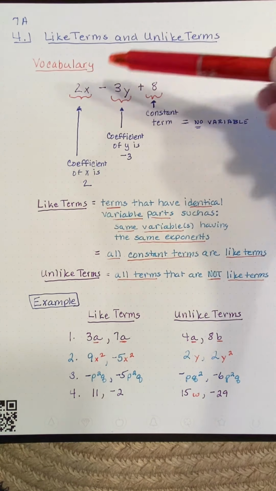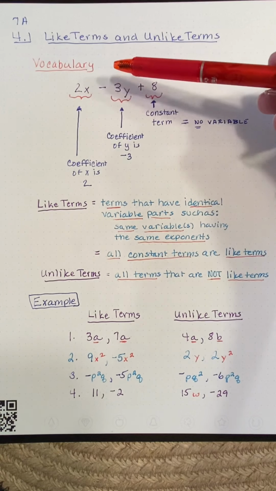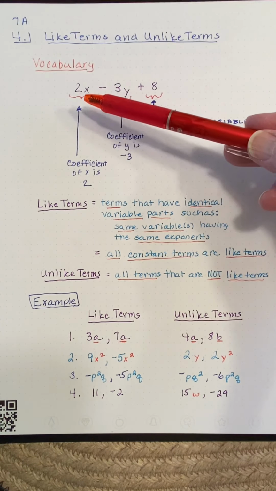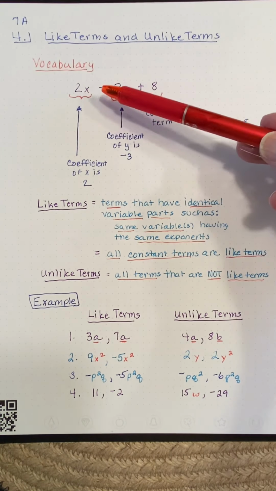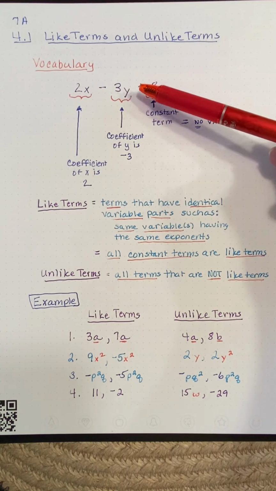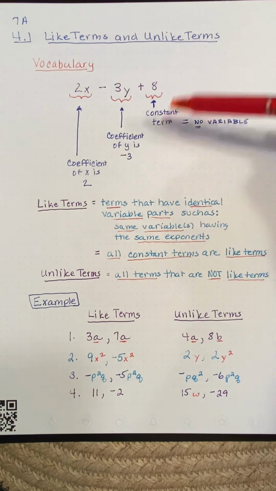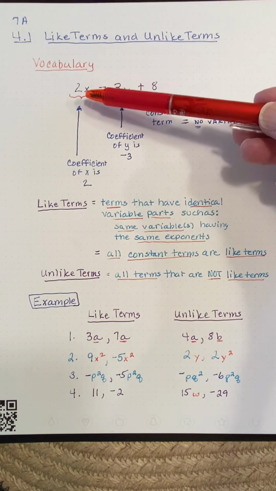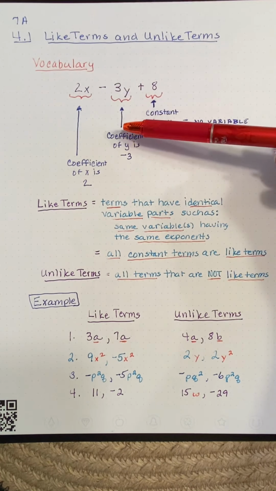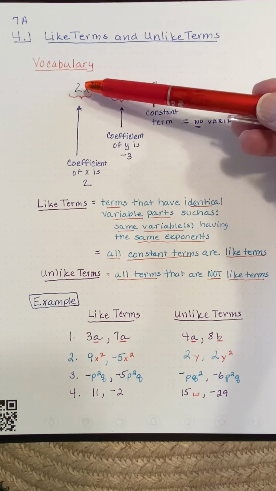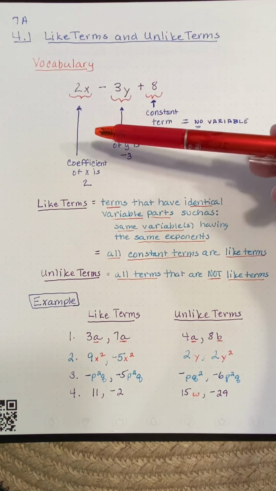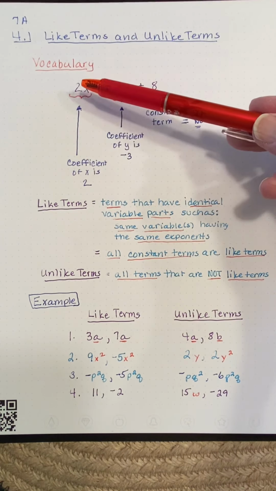So the first thing that we're going to learn in the vocabulary section goes with this expression, 2x minus 3y plus 8. In this expression, you have coefficients, and for example, in this term, the coefficient of x is 2.